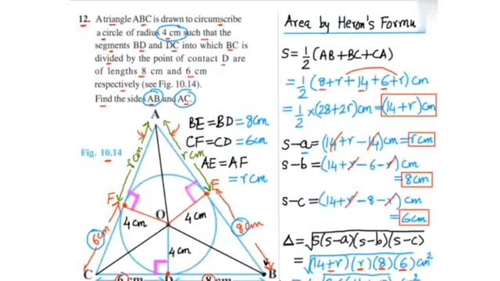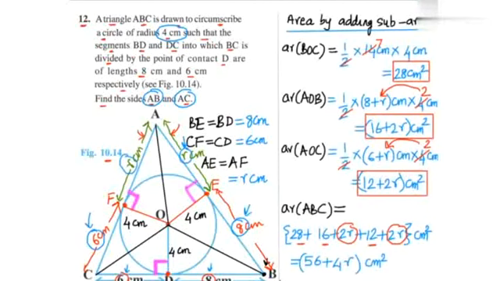Okay, so now we have obtained a second expression for the area by applying Heron's formula. Now, as we discussed, all that remains to be done is to compare the two expressions for the area. The first expression was 56 plus 4r centimeter square. So let me highlight this expression, 56 plus 4r centimeter square.